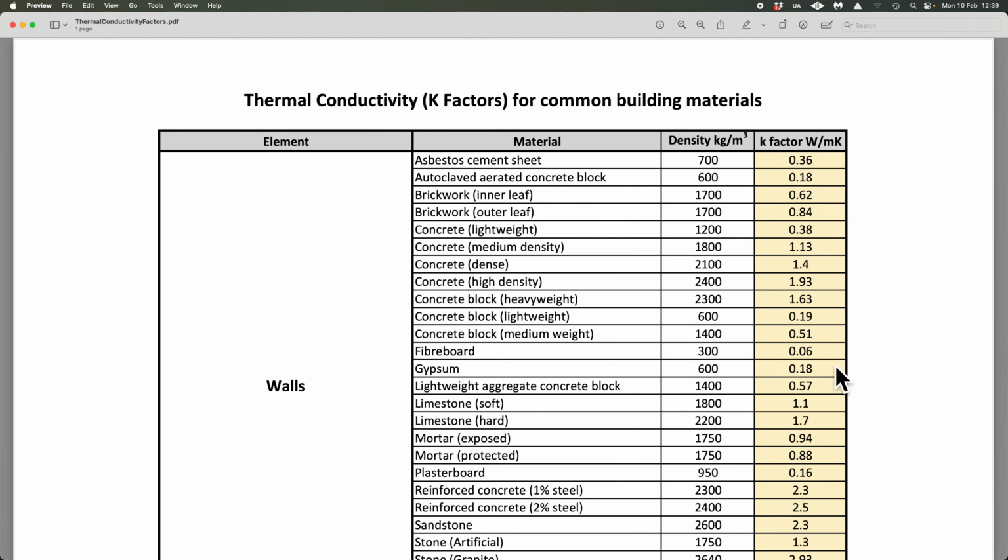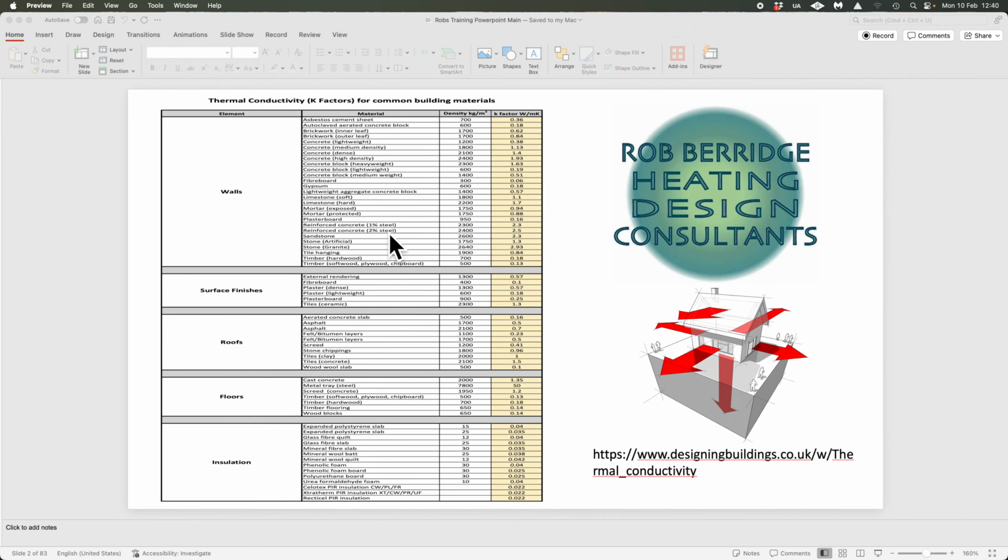And this is the column that we are concentrating on, which is the column in yellow. So you can see they've all got different values, and this can make quite a big difference in your calculation if you're not careful. As I say, we're only trying to get closer to the truth, so we can round up some of these figures to get to what we need. So that's a very important chart.